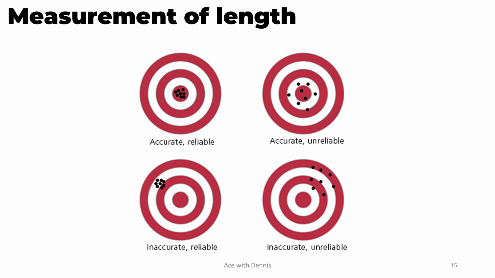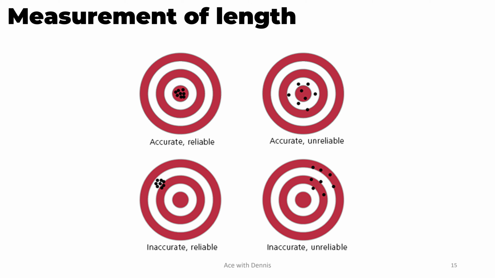The ideal case for a measurement would be the value that we get is very close to the actual value. And also, when we do a few times, the readings that we get are very close to each other. So the first picture shows the best case, where the data that we get are accurate and reliable.